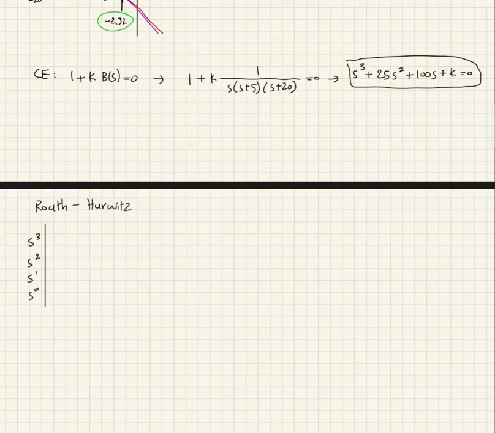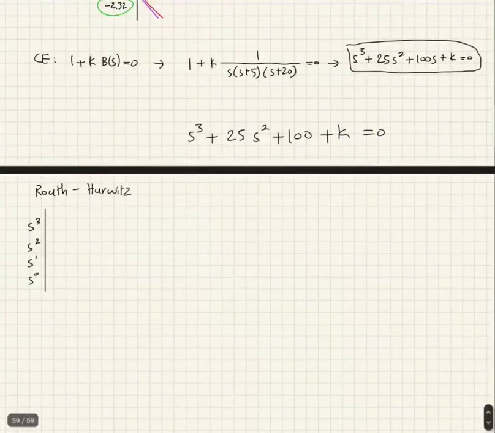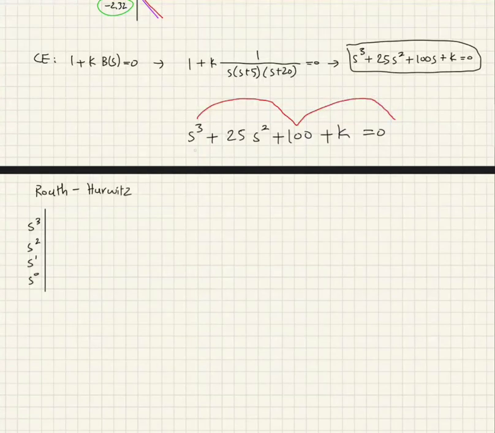So we have this characteristic equation equals 0. So for S cube, the first one, we take this, escape 1, take 1, escape 1, take another. So we only take this and this.